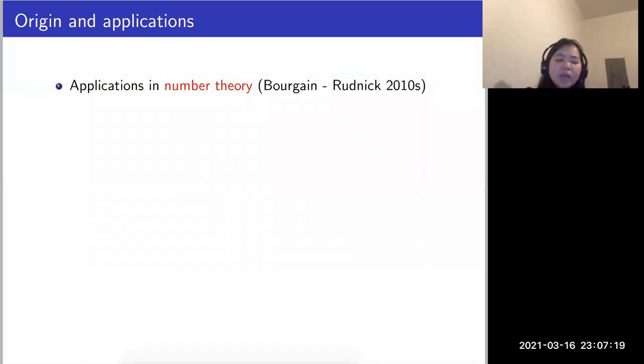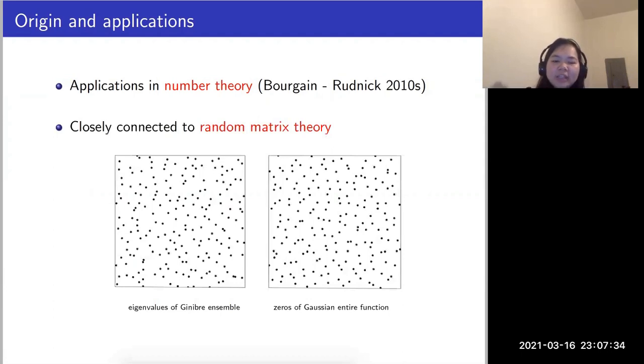It also has several applications in number theory, as shown in a series of papers by Bourgain and Rudnick back in the 2010s. And it is connected to an established field in probability theory known as random matrix theory.